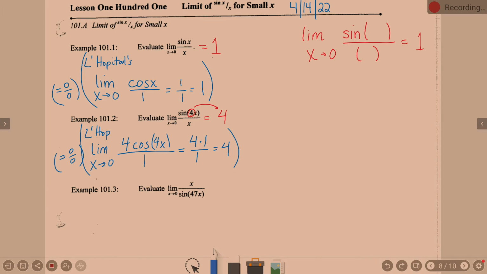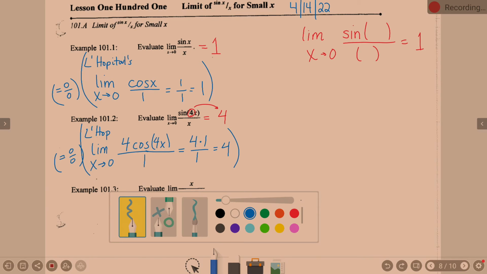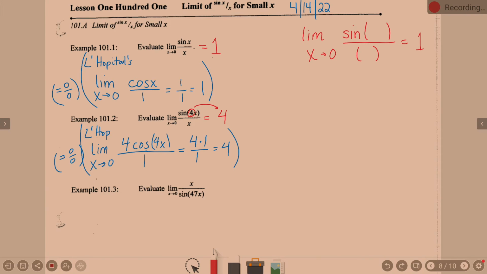So I'm going to ask the same thing on example 3, if you can come up with what you think the answer might be. I'm debating which way I want to do this here, but thoughts? 1 over 47. Mm-hmm. Because, look at it this way, I'm not going to do L'Hopital this time unless you really want me to.